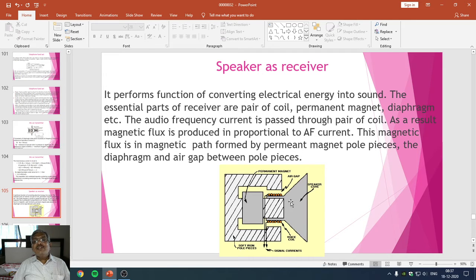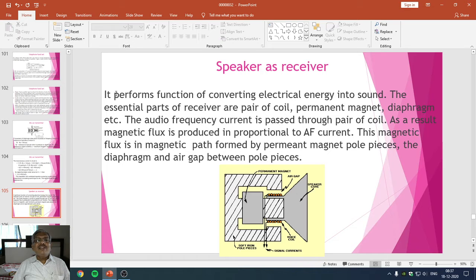The function of the speaker is just like our ear. The ear also works in a similar fashion. And thus, acoustic sound signal proportional to the audio frequency current fed to the speaker will be heard from the speaker. And hence, telephone communication is possible between the transmitter as a mic and the receiver at the receiving end.